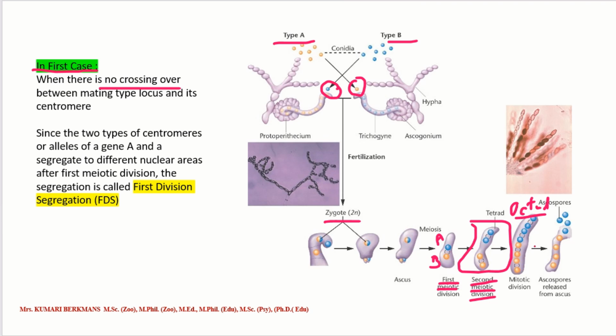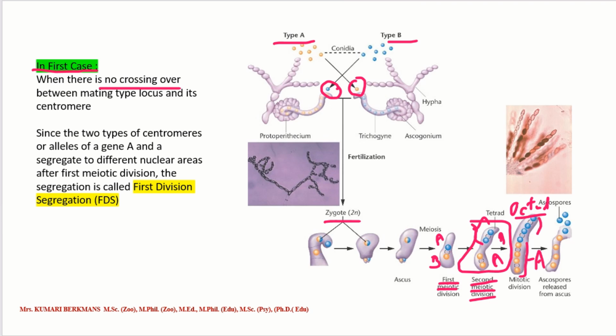In the tetrad, type B chromosome is present here and type A chromosome is here. This goes through a mitotic division and gives rise to 4 different ascospores. All these ascospores possess only the A type of chromosome.